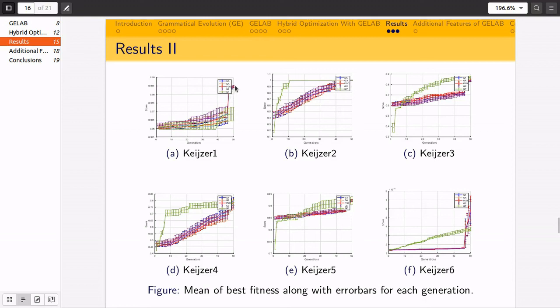These error bars are plotted at the 95% confidence interval level, and whenever there is an overlap between error bars of 2 experiments, it shows that there is no significant difference between the 2 experiments, whereas if there is no overlap, then it means that there is a significant difference, and if the error bar is high, it means that the experiment did better than the other.